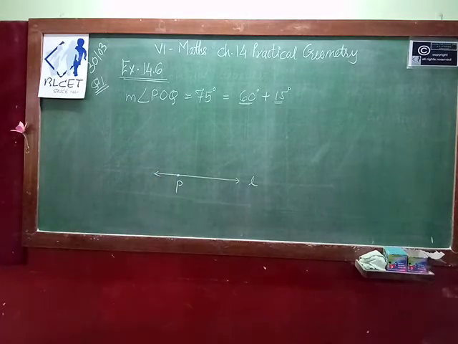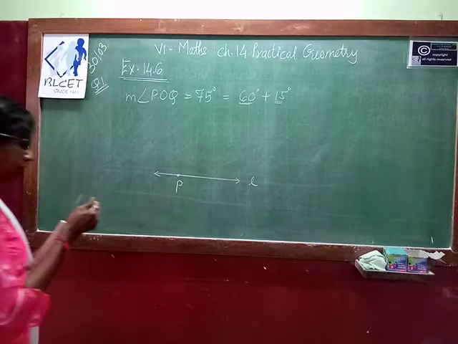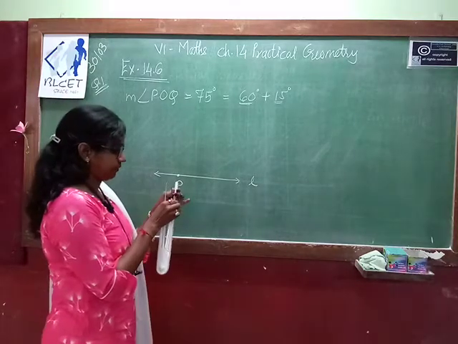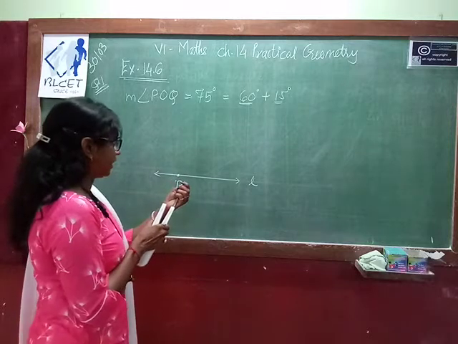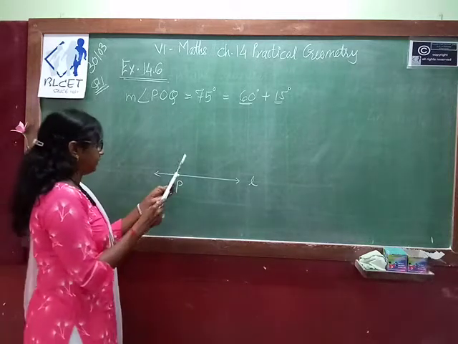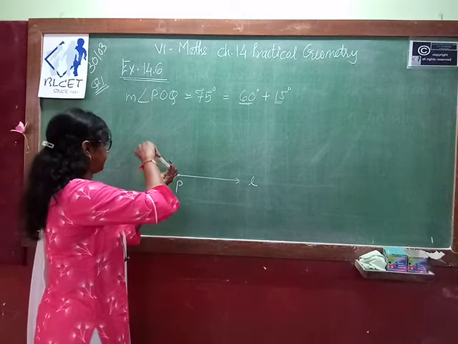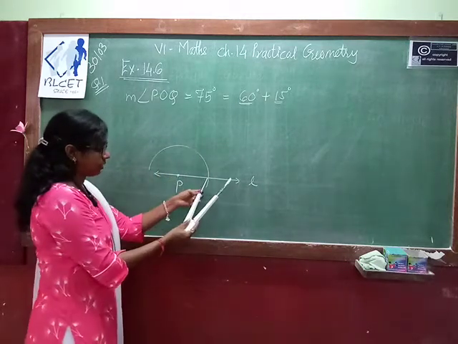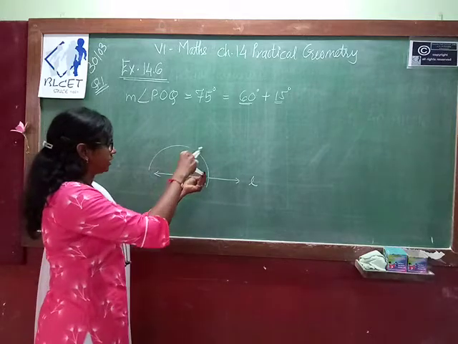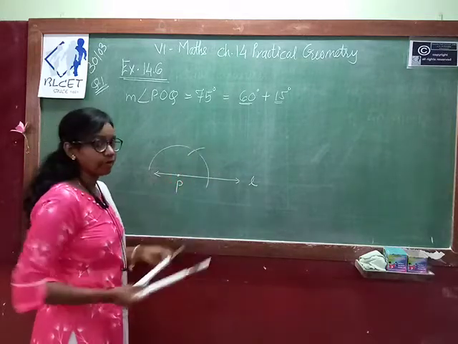How? Let's see. So now with the help of compasses, you can draw first 60 degree angle, then 90 degree. So let's see. Draw an arc like this from here. This is your 60 degree. We know how to draw 90 degree.